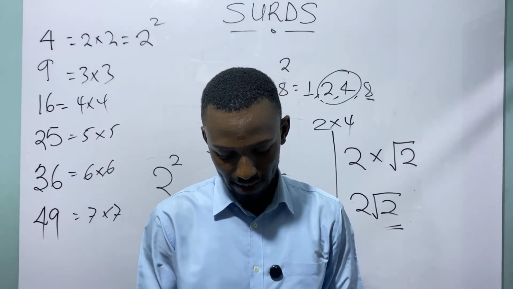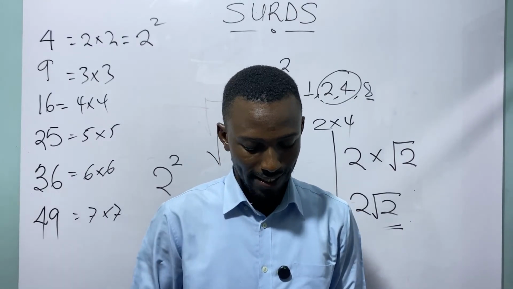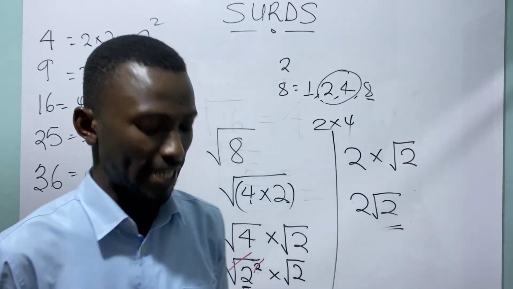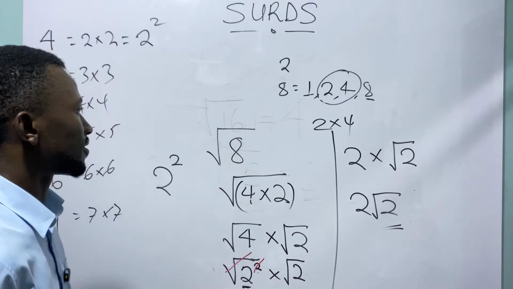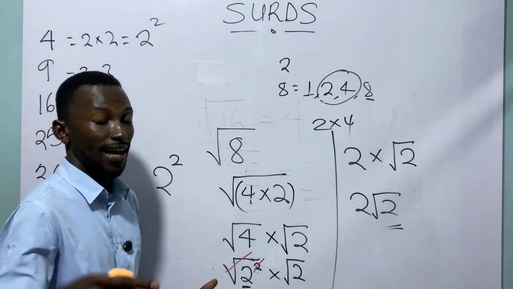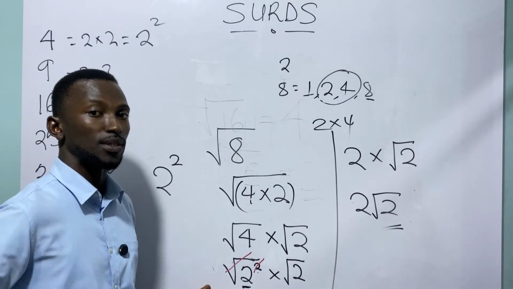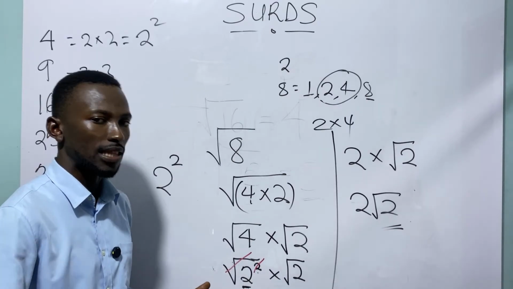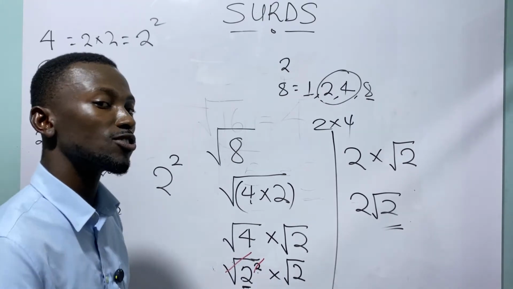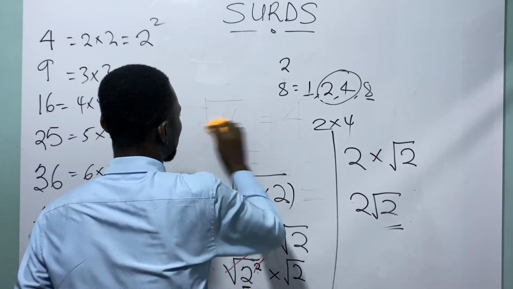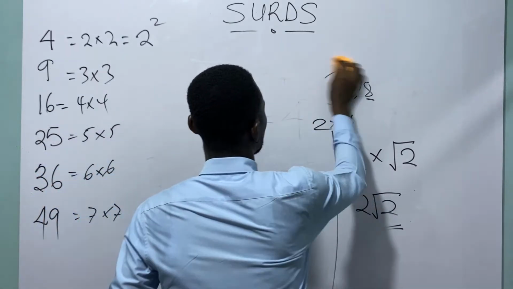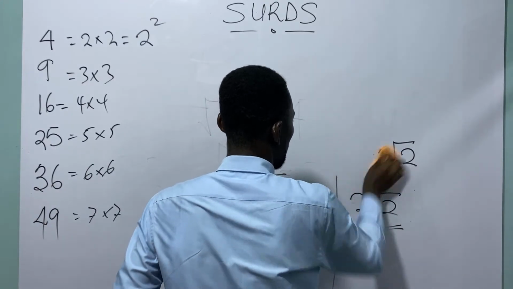But I have our next example. That is square root of 18. Like I said, be solving with us, because immediately we are done, I'll clean it because we need more space for writing. So let's clean this side. Simplification of surds.